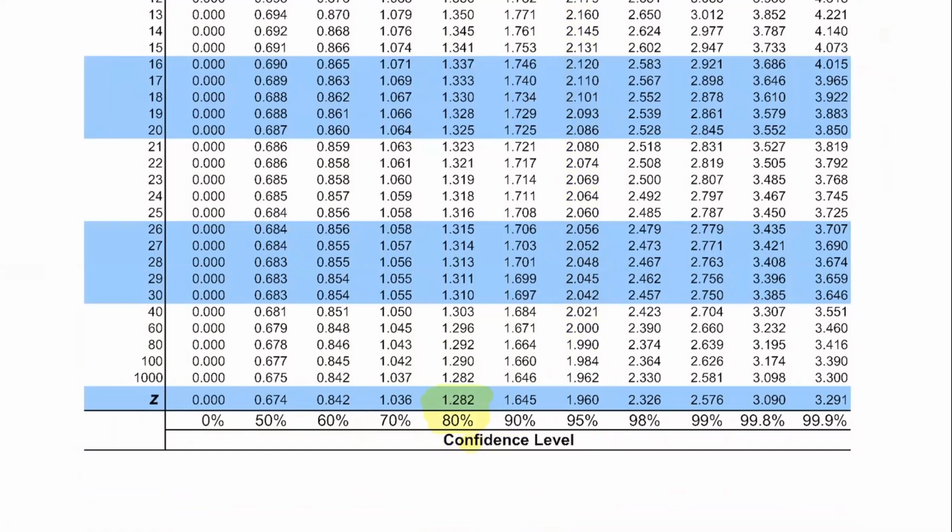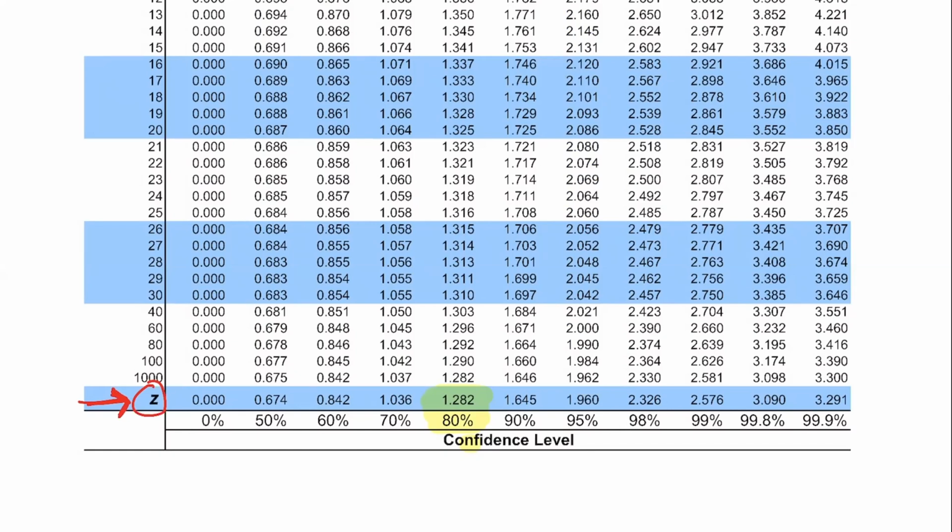Just remember right here it says the Z value. That's why I'm using this row, since I want to find Z alpha divided by 2. All you have to do is look at the confidence level, and then look at the number right above it, and that should give you the Z value. So you get 1.282. Any question on how I got the 1.282?